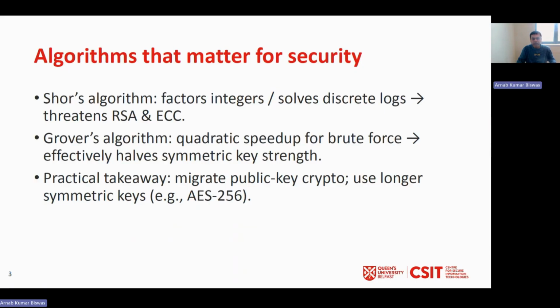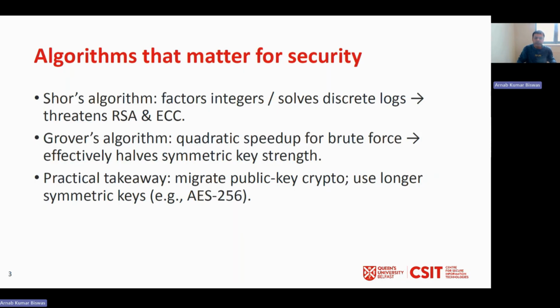That's one of the reasons why NIST started standardization for asymmetric cryptography, and those standards have already been released. The second algorithm is Grover's algorithm, which provides a quadratic speedup for brute force, like an unstructured search. If you want to brute force symmetric key block ciphers or hash functions, Grover's algorithm provides a quadratic speedup.